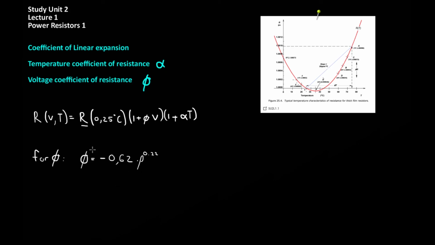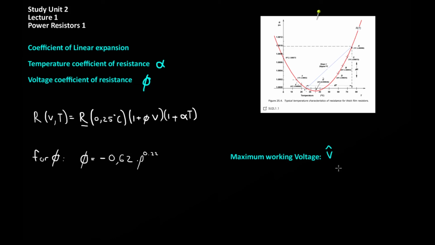For example, here phi is defined as 0.62 multiplied by the resistivity to the power of 0.22. These types of values are derived empirically for a particular resistor, and the designer must consult empirical data tables in order to determine what the voltage coefficient of resistance is for a particular resistor under certain operating conditions.